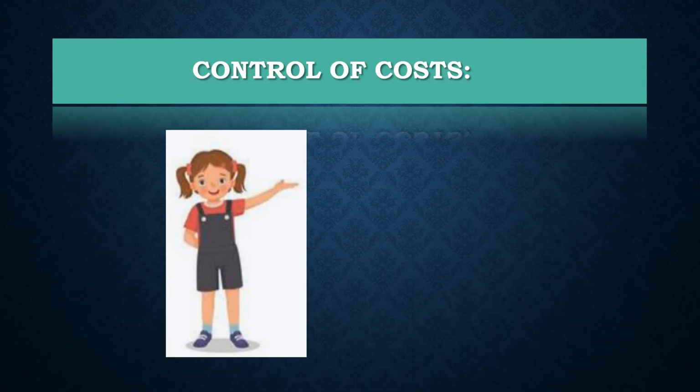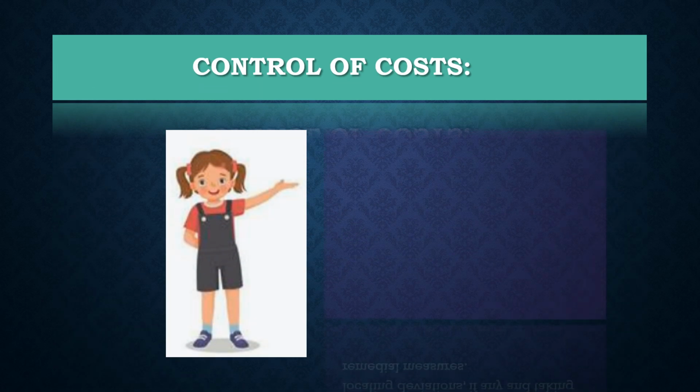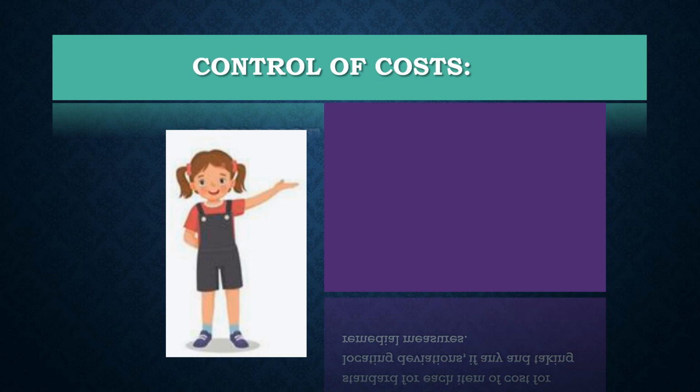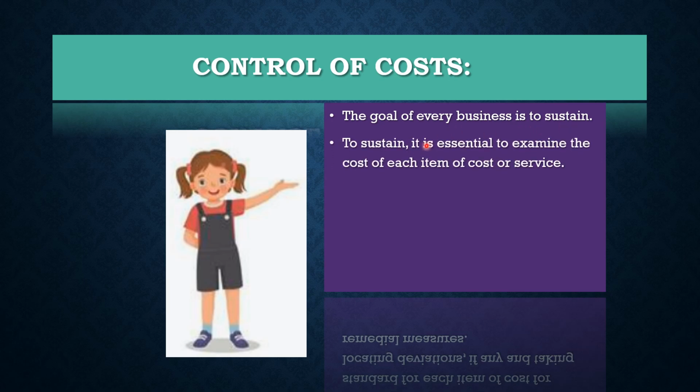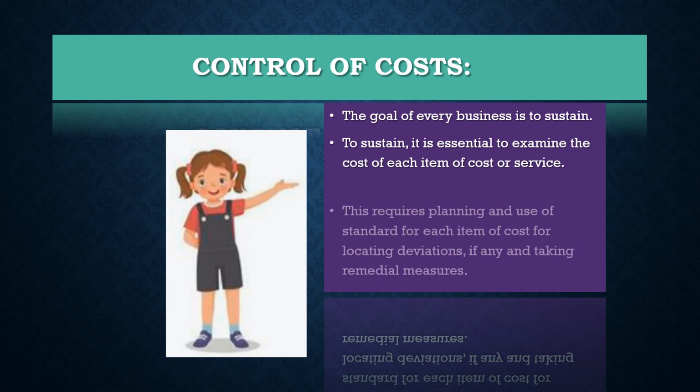And next, control of cost. That means how are we going to control the cost to sustain in the market. The goal of every business is to sustain in the market. Then to sustain, what is essential? It is essential to examine the cost of each item or service which is rendered.